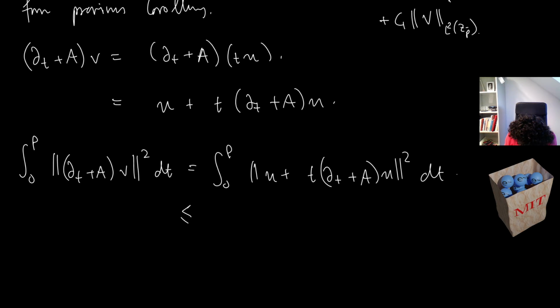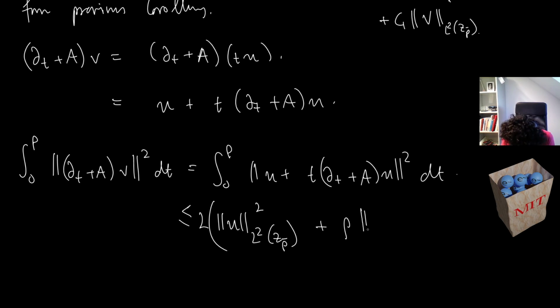So now I'm going to get the norm on the cylinder of this u squared. So of course there might be a constant here. 2 is a good enough constant for this. So now we get a rho here, dt plus A u squared dt. Now we have L2 over the cylinder, and there's a rho squared, sorry.